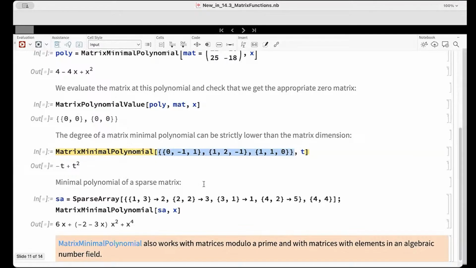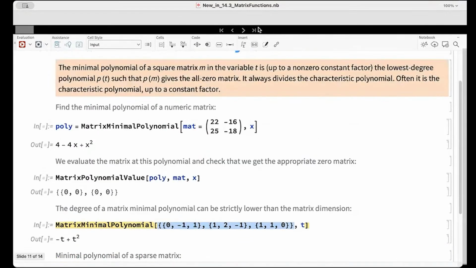So it is strictly smaller than the characteristic polynomial, and one can check it divides the characteristic polynomial. Okay, a nice thing is that we can work with matrices modulo a prime and with matrices containing elements that live in an algebraic extension field. So that's a kind of nice thing to be able to do sometimes.